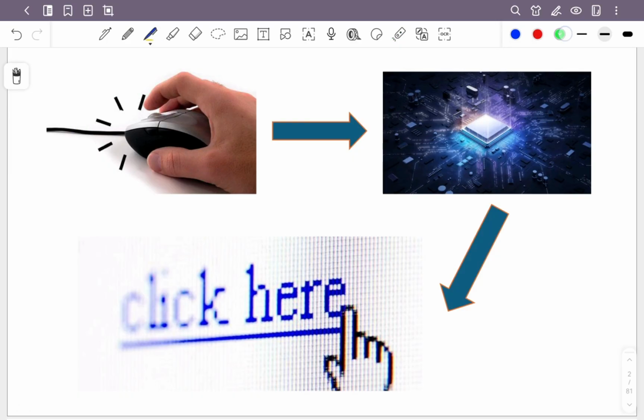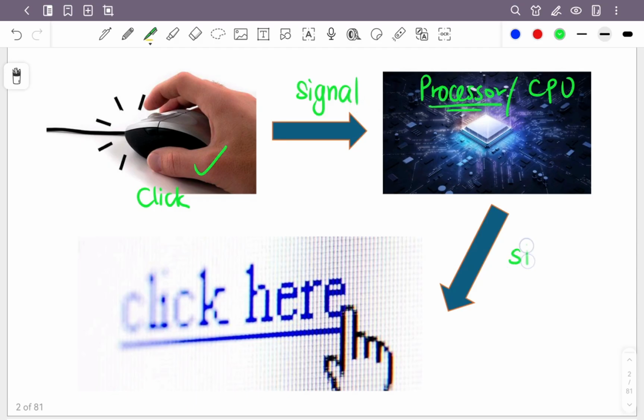It's going to be sent to the processor or CPU. Once you click the mouse, it sends a signal to the processor. The processor, after it processes the signal, will send another signal to where? To your monitor. So that at the monitor, then you can see it show something. It's either the monitor shows that you clicked something, correct? So this is the general pathway.